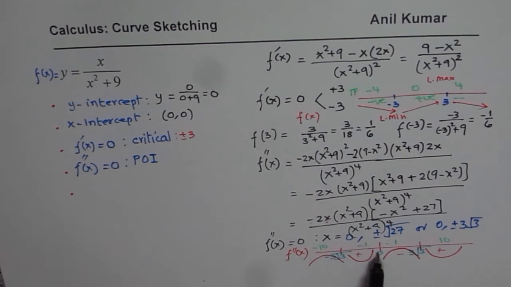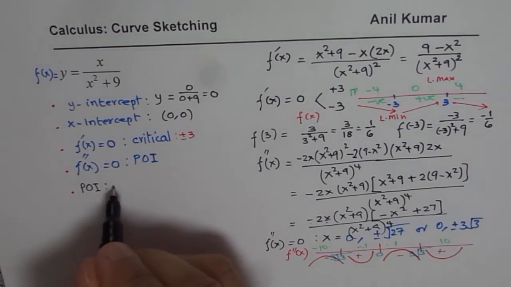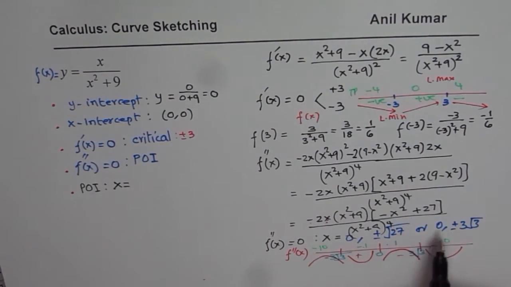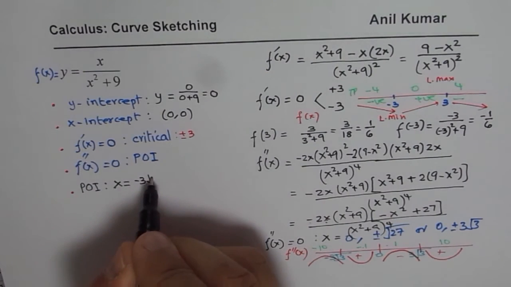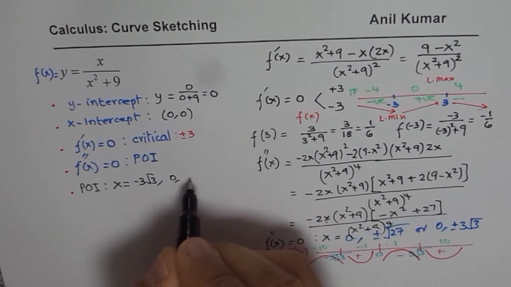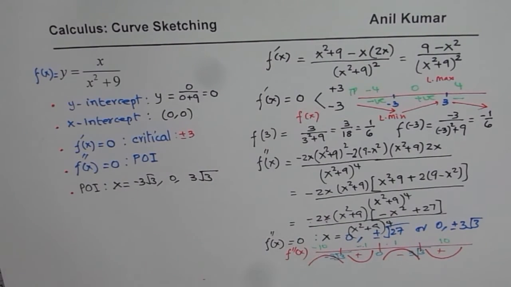But here we get 3 points of inflection. So we can write down that the points of inflection for us are at x equals all the 3 points, which are minus 3 square root 3, 0, and plus 3 square root 3. So we get points of inflection, and that is from the second derivative.